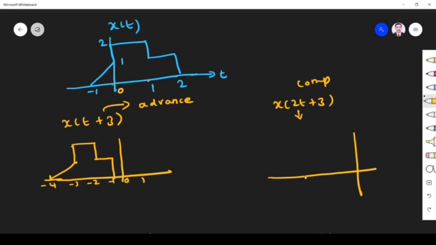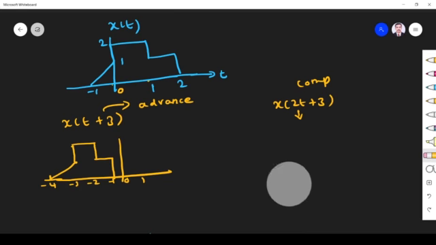Minus 1 comes to minus 0.5. It is becoming very small, so I change it. Let us assume this is minus 2, minus 1.5, minus 1, minus 0.5.